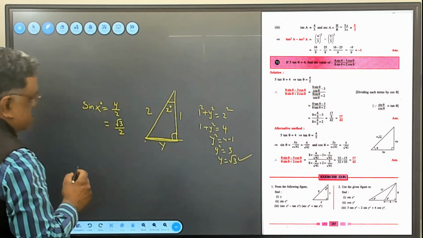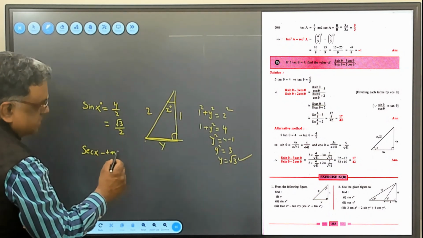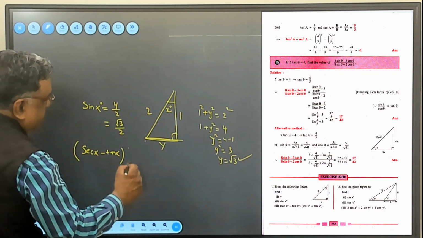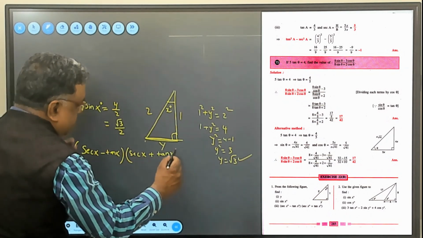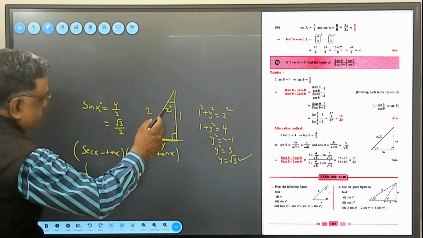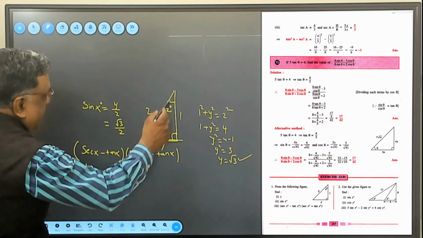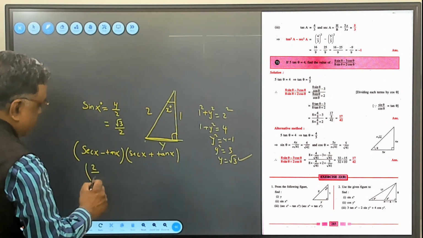Next they are asking us to find out the value of sec x minus tan x into sec x plus tan x. Right? So let's try to do what is sec x. Sec x is hypotenuse upon adjacent, which is 2 upon 1.